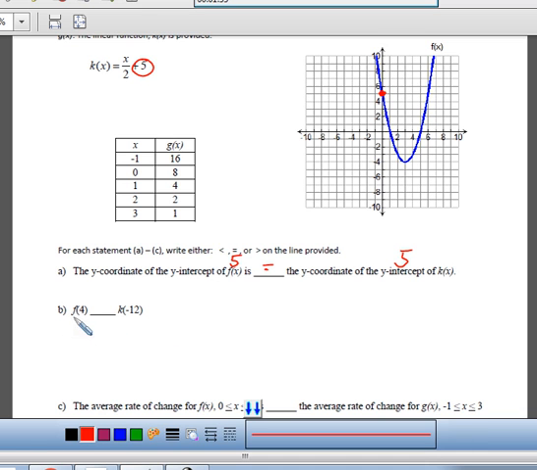Question B. So we're going to find f of 4 and compare it to k of negative 12. Now, for the graph, when we plug 4 in for the input, in other words, we're replacing x with 4, so go to where it's 4. This is not the value we want. We go down and we look at what goes with it.